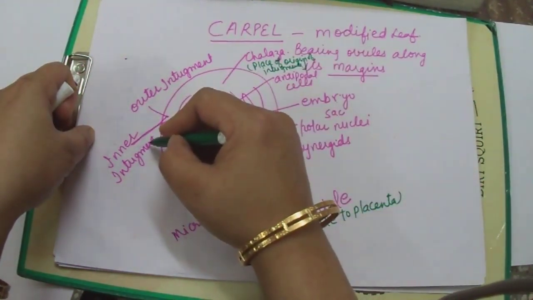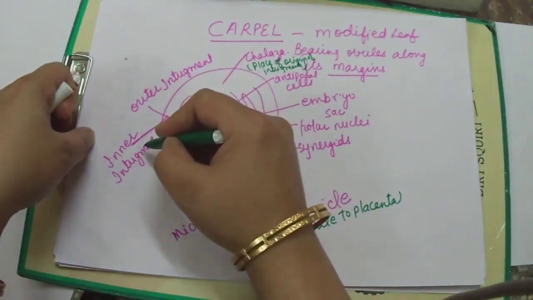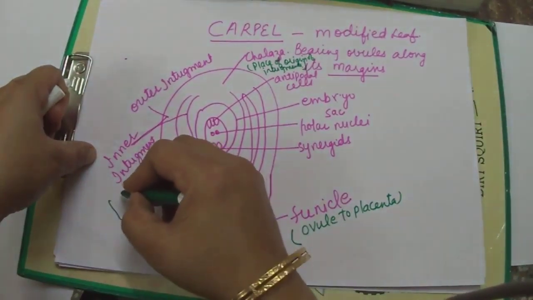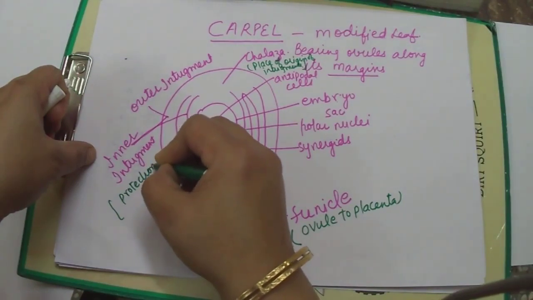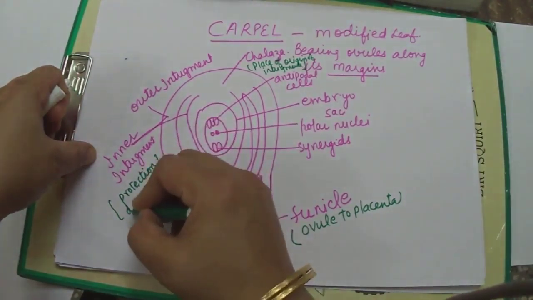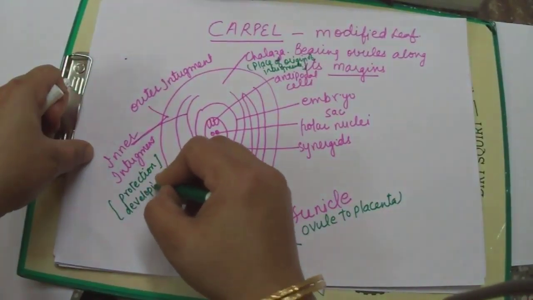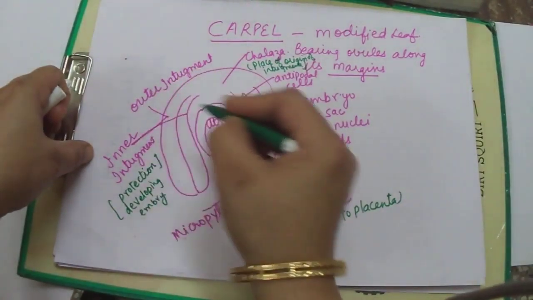Outer and inner integuments are the coverings that provide protection for the developing embryo, both outer and inner.